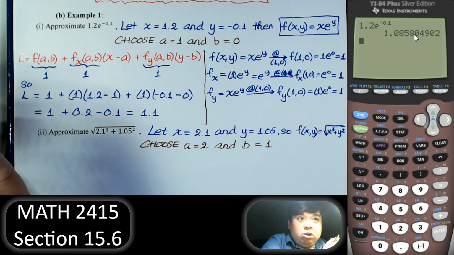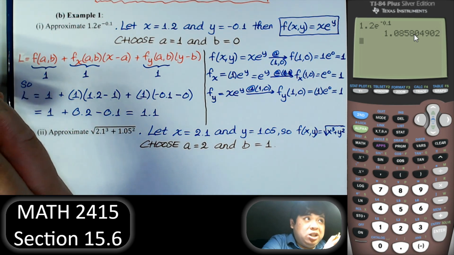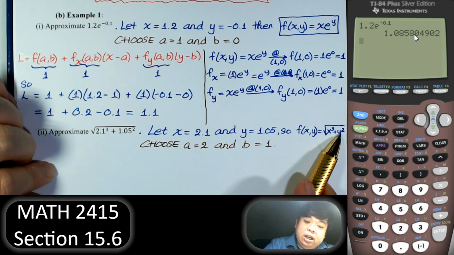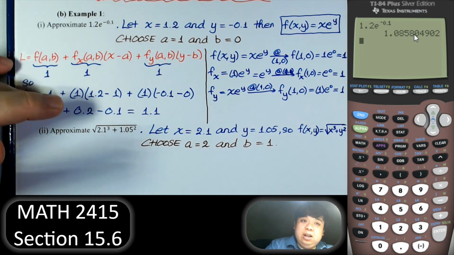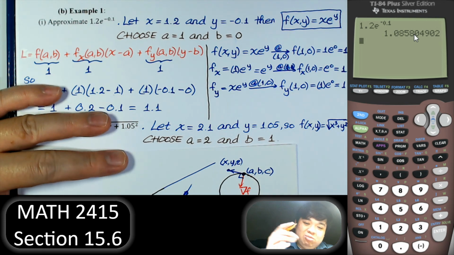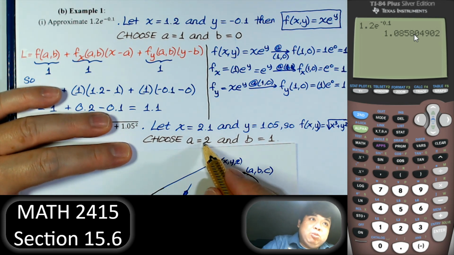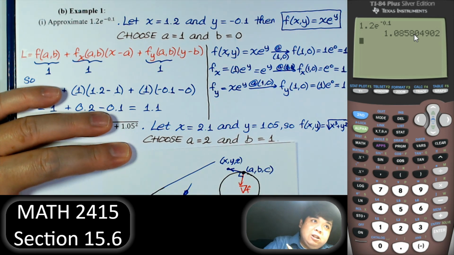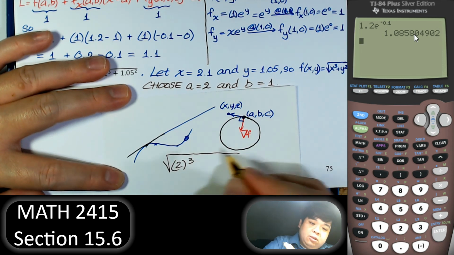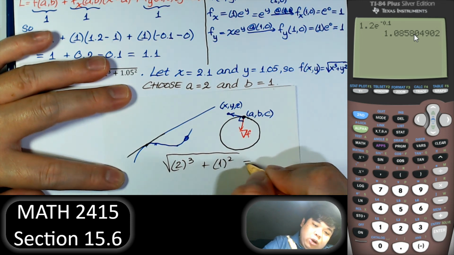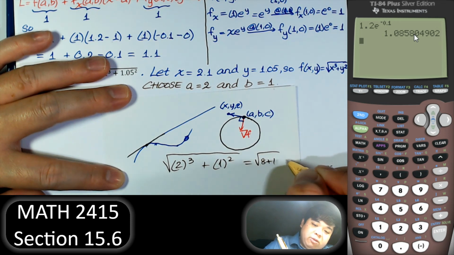And not only close, so close is only one criterion. The other criterion is that if we put 2 and 1 in here, the number is doable by hand. Because if not, we use a calculator. But if we put 2 in for x and put 1 in for y, we have the square root of 8 plus 1, the square root of 9 is 3.